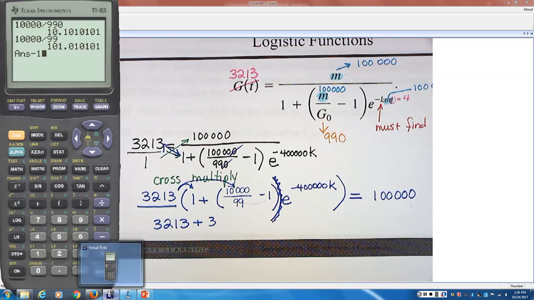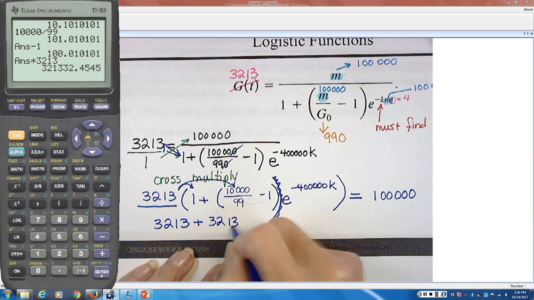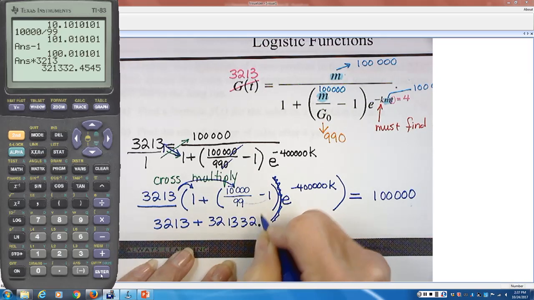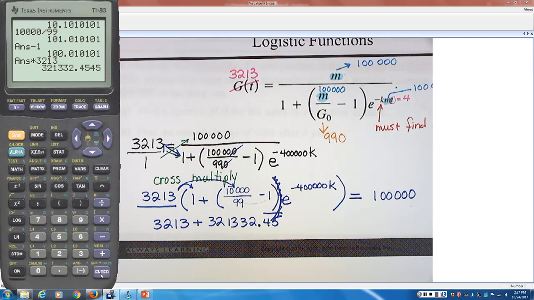So then I actually do need to multiply that. So I'm going to take 1 away from it. It's 100. And of course, that's just going to be 100.01. And when you multiply 3213 times that 100.01, you get 321332.45, which is repeating, and we'll probably round that off.